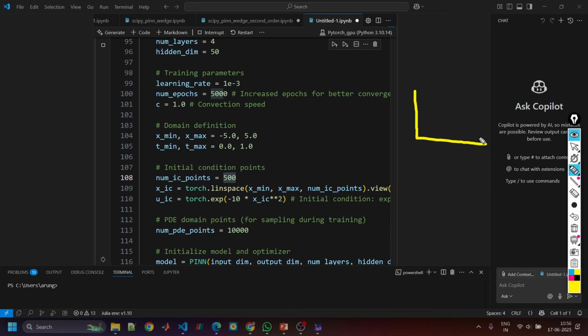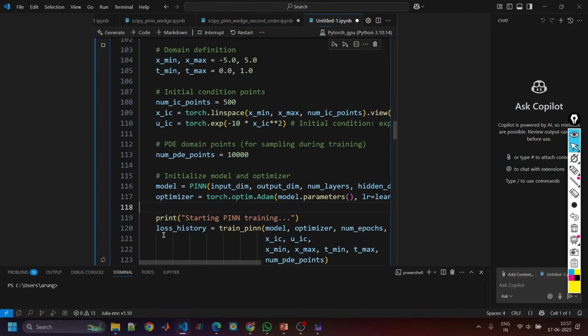So let's say this is the x-axis and this is the t-axis. We have a domain from -5 to 5 and 0 to 1. We should generate collocation points throughout the domain where we calculate the PDE loss. Here we have chosen 10,000 collocation points, which we will pass to our PINN class.